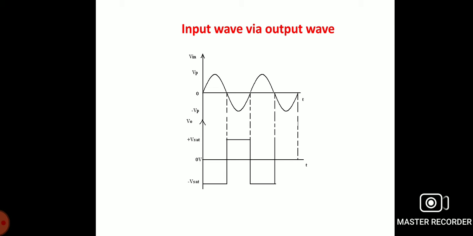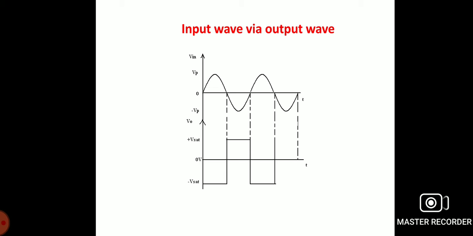Both of these problems can be overcome with the use of regenerative or positive feedback, which causes the output V0 to change faster and eliminates any false output transition due to noise at the input.